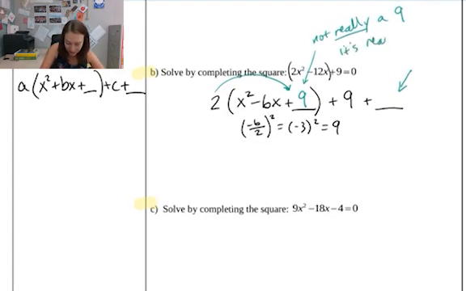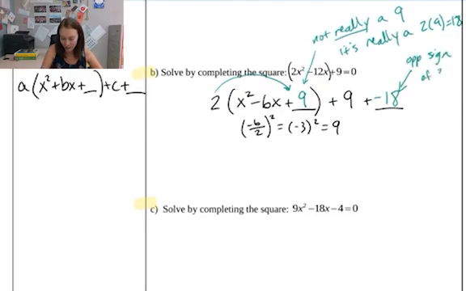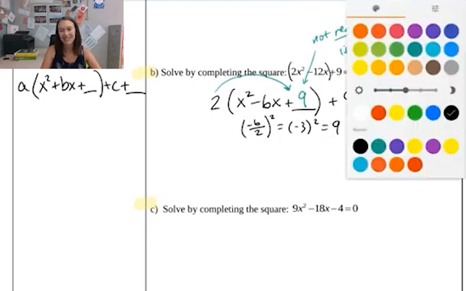It's really a 2 times 9, which is 18. So here I'm going to balance that out by subtracting 18. So that opposite sign of 2 times 9. So that step gets tricky. It takes a little while to get used to that one for sure.